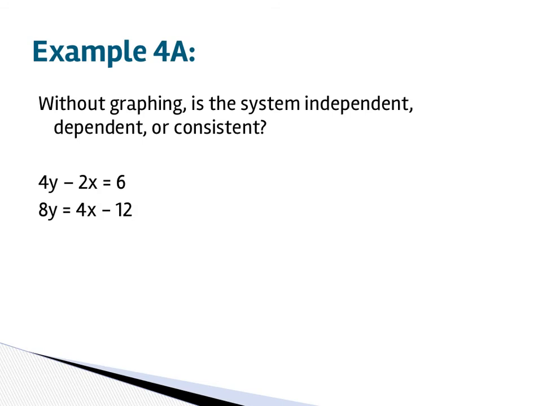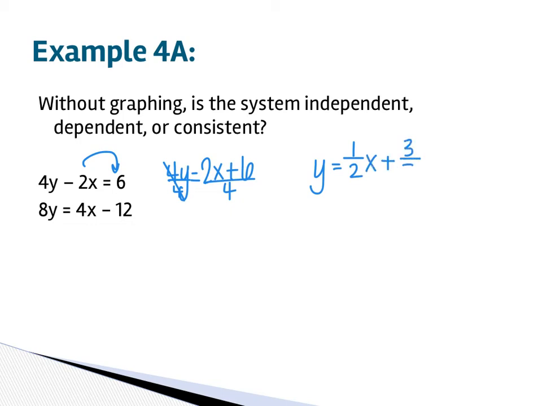Okay, example 4, without graphing, is the system independent, dependent, or inconsistent? So what we're going to do is put them both in slope-intercept form. I have to move the 2x over, and I get 4y equals 2x plus 6. Divide both sides by 4, and I get y equals 1/2 x plus 3/2.